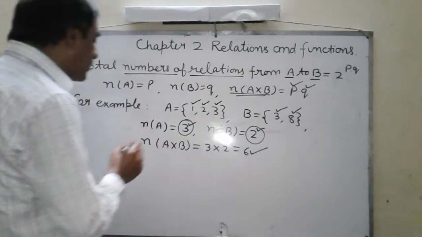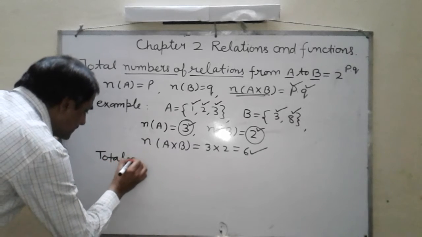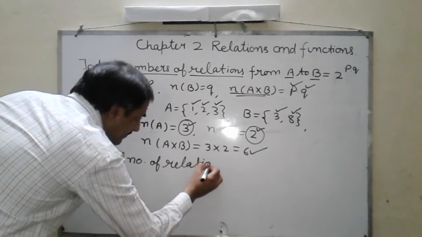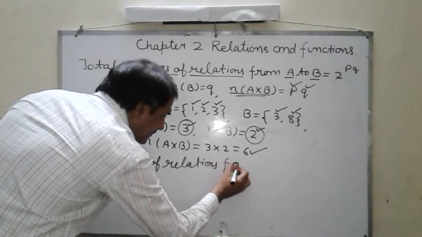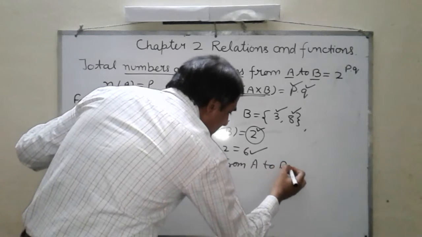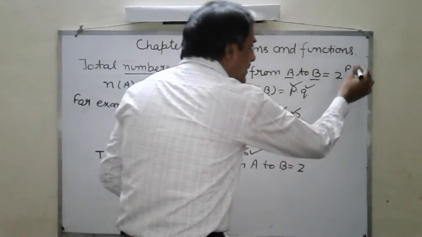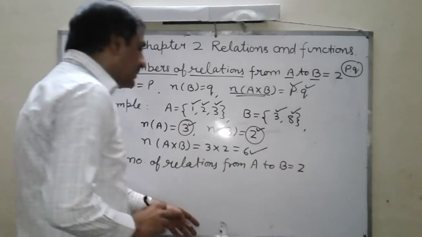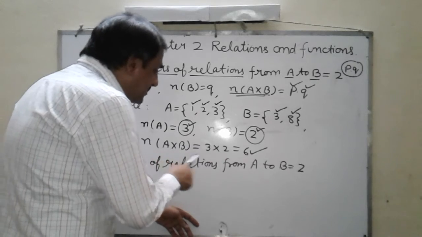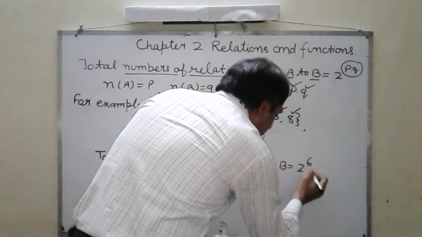So now I am going to write the total number of relations from set A to set B is equal to 2 to the power P into Q. Here the value of n of A cross B is equal to 6, so 2 to the power 6.